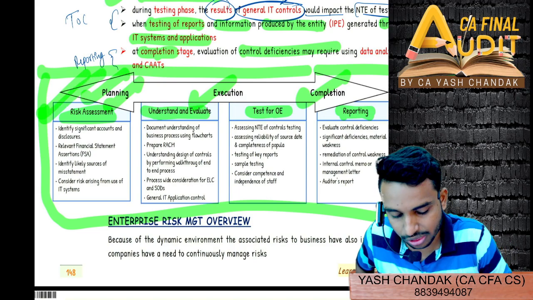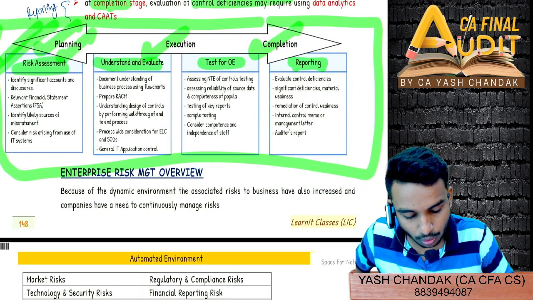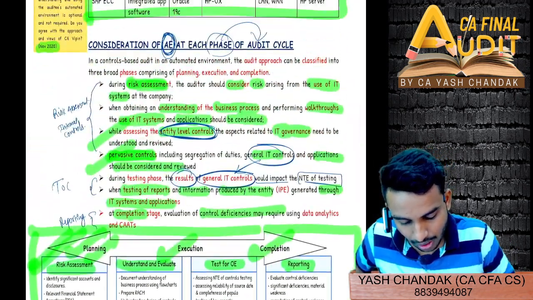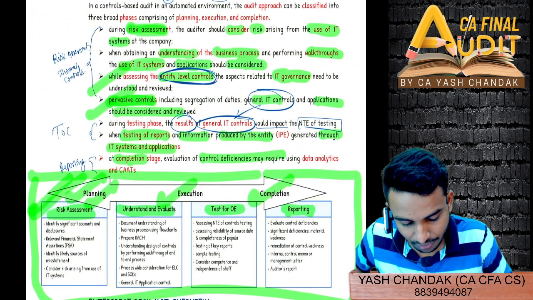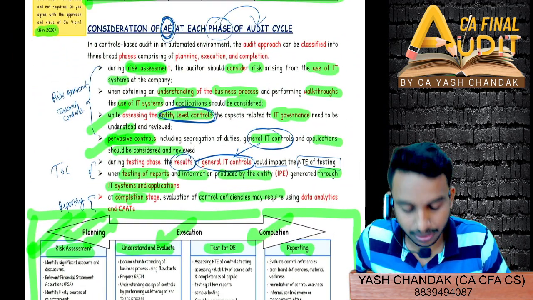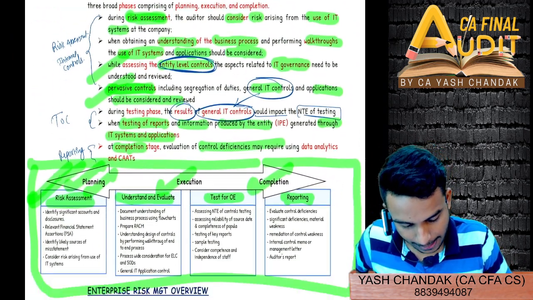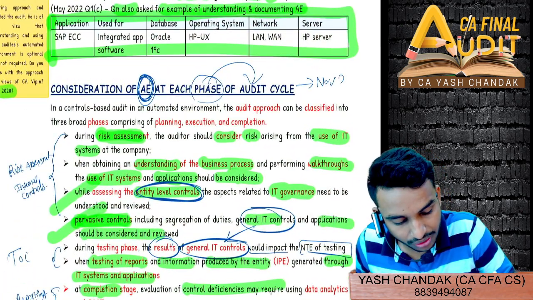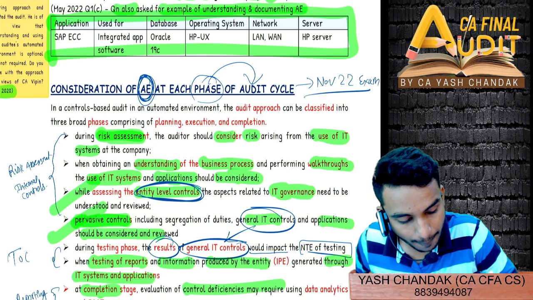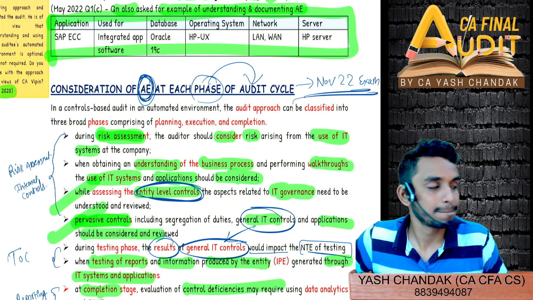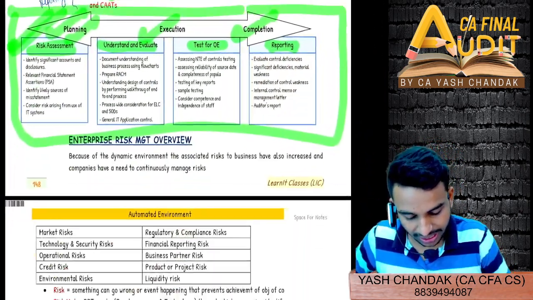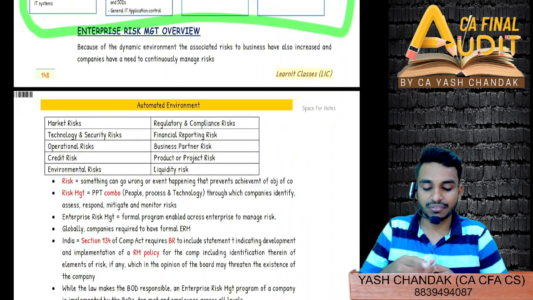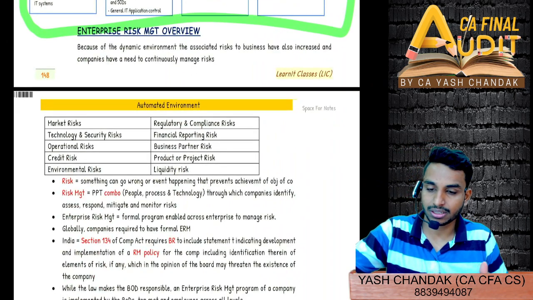You can go through this answer also and let me know which answer you feel more comfortable with, and go forward with that. This is an important question that was also asked in the November 2022 exam. So go through this once again, and then we'll start with enterprise risk management.